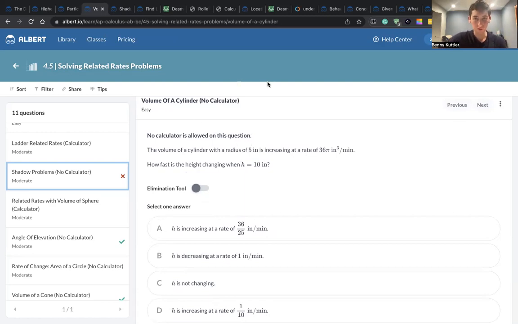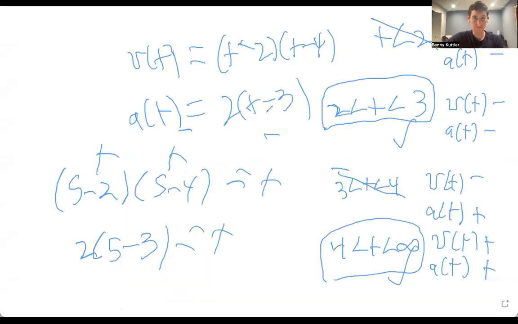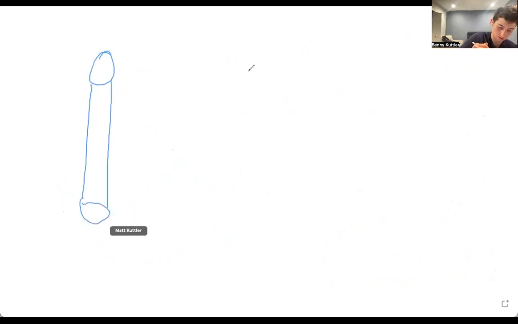Let's go to a whiteboard. We can clear this. So we had 5 inches, 36 pi, and h. That's a bad cylinder. I'm gonna redraw one.